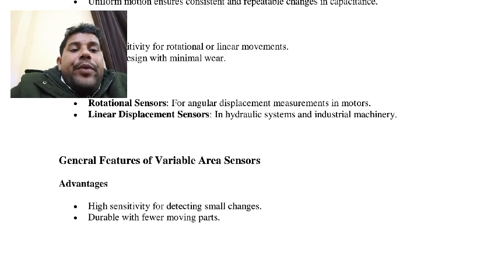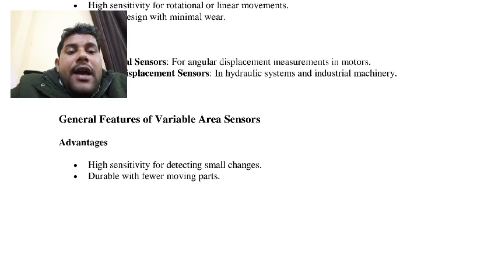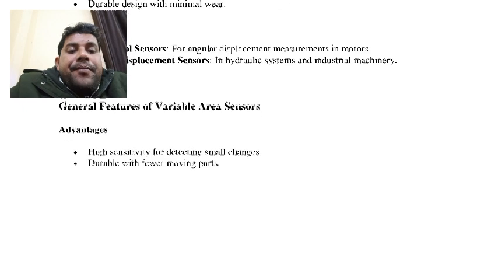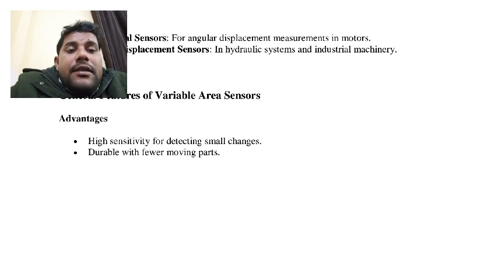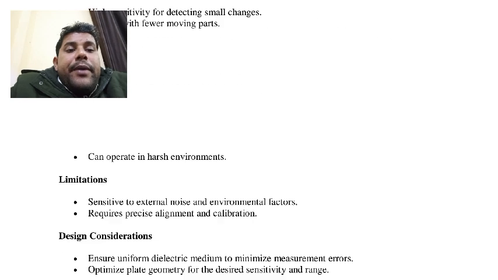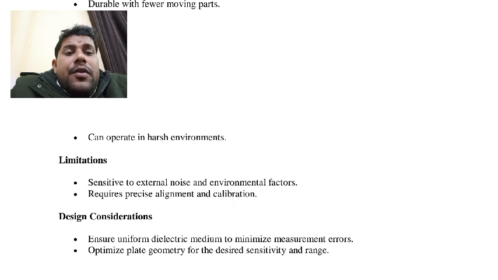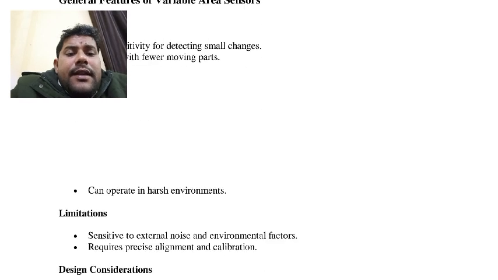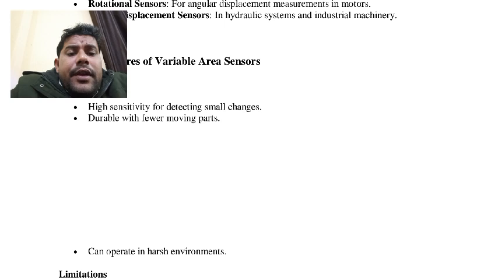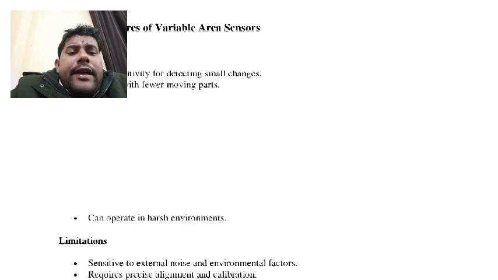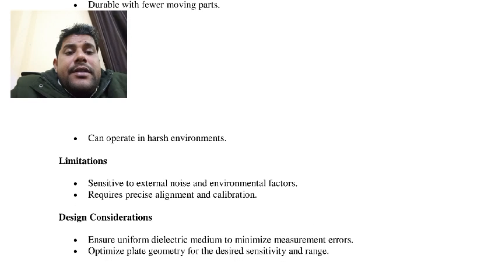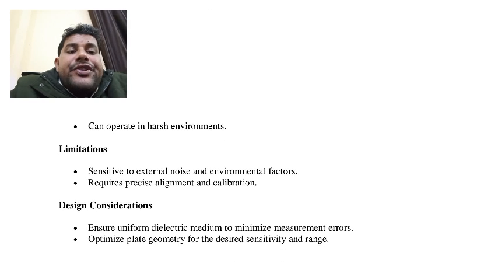General features of the variable area sensor: advantages are, first, high sensitivity for detecting small changes; second, durable with few moving parts; third, it can operate in harsh environments. Limitations: it is sensitive to external noise and environmental factors, and requires precise alignment and calibration.